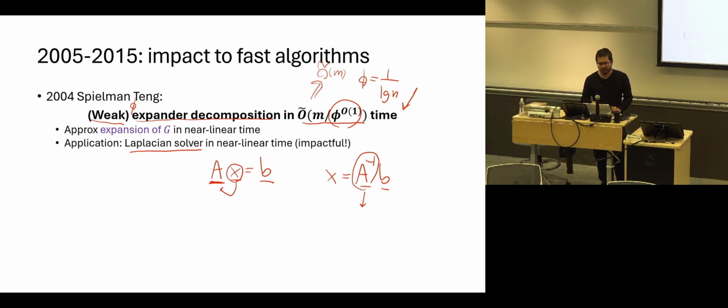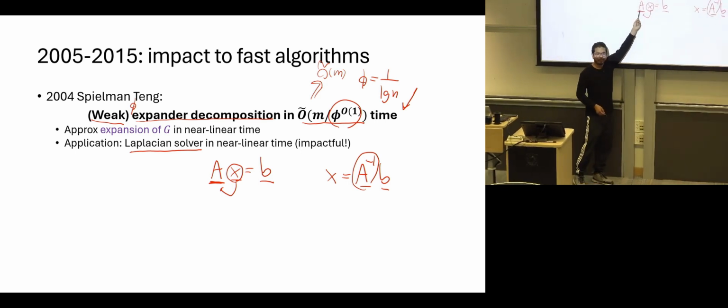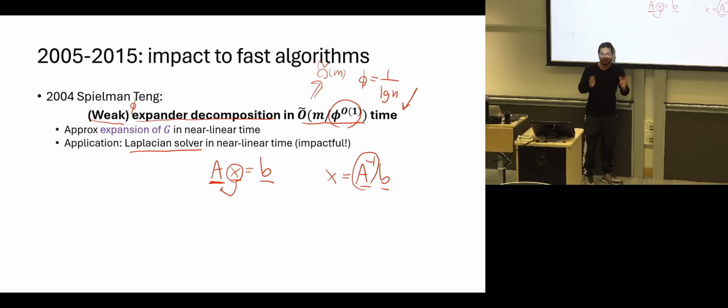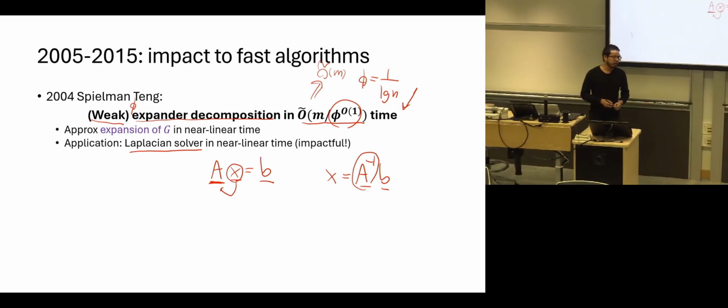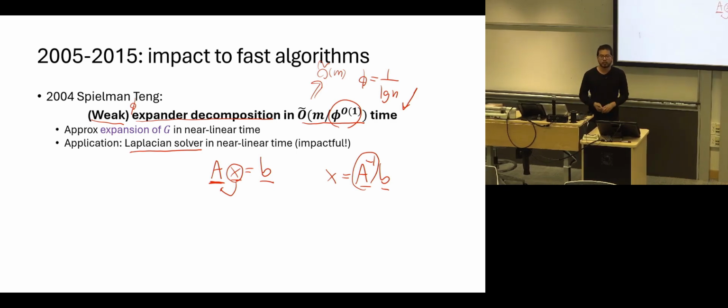So for general linear system solvers, people don't know a fast algorithm for how to solve it. But a Laplacian solver is basically when this A is defined from a graph in some natural way. Okay. It captures the problem when you want to solve elliptic flow in physics. That's a Laplacian solver.